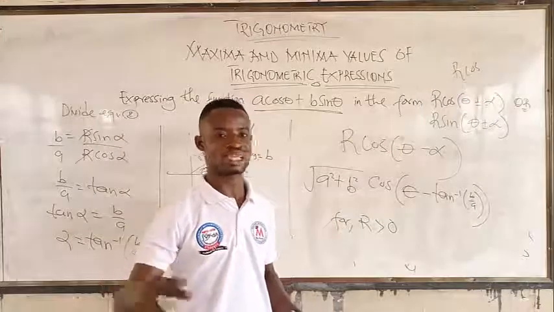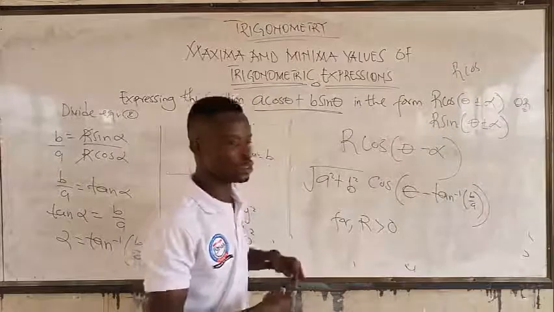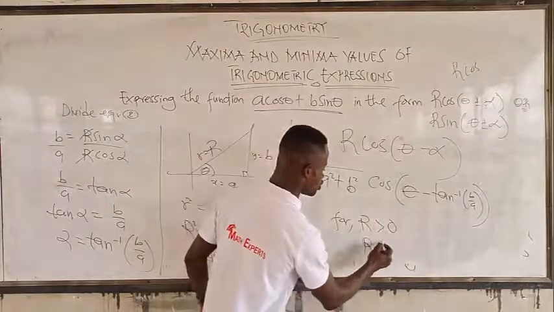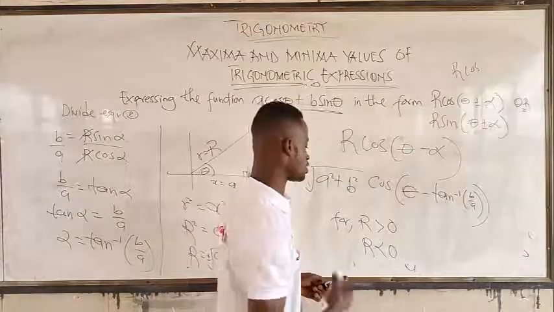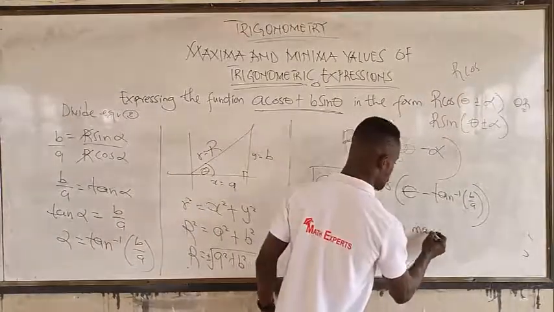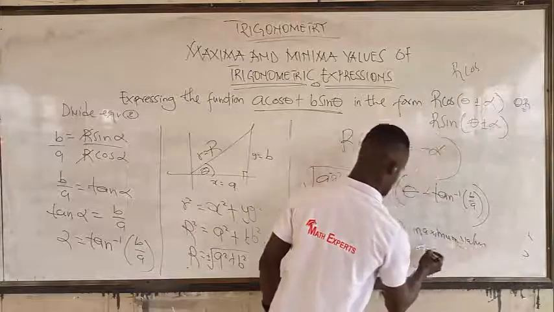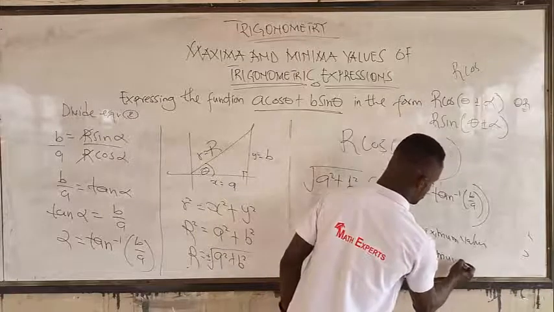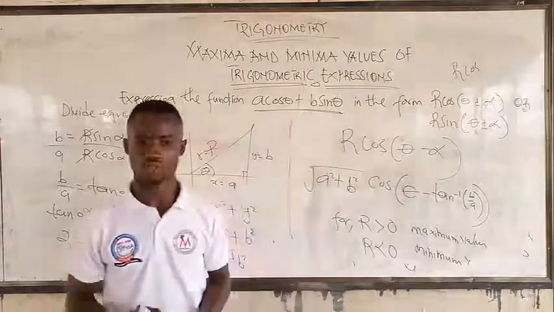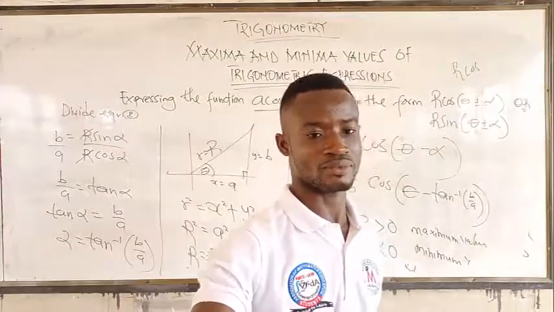That is going to be the maximum value. And for R to be less than 0, that is going to give you the minimum value. So this one is the maximum value, and this will be the minimum value. Alright, so that is how it is.